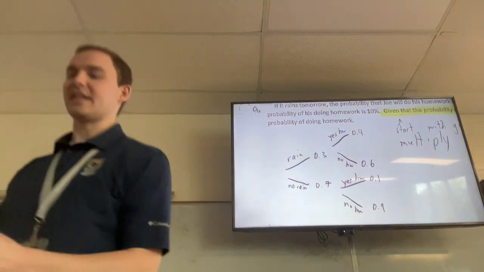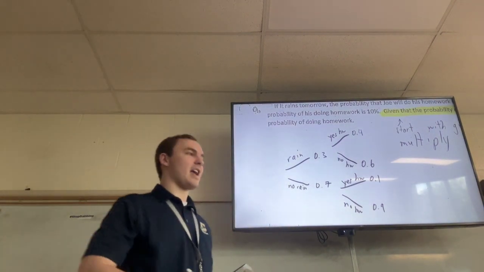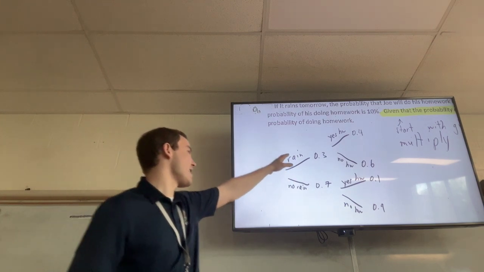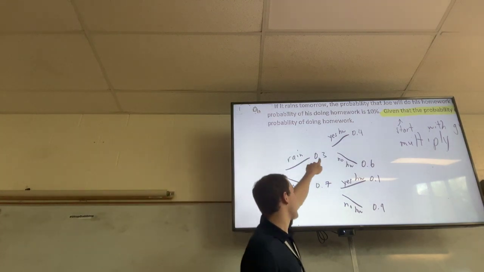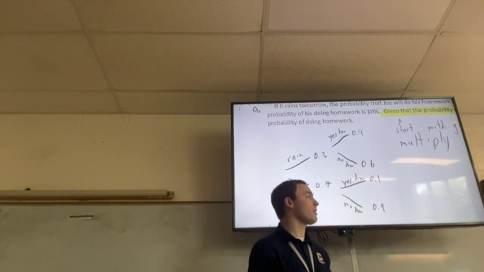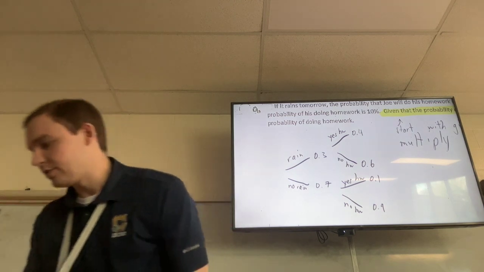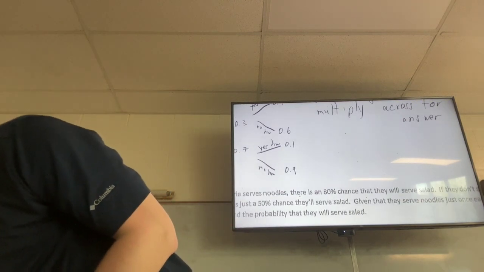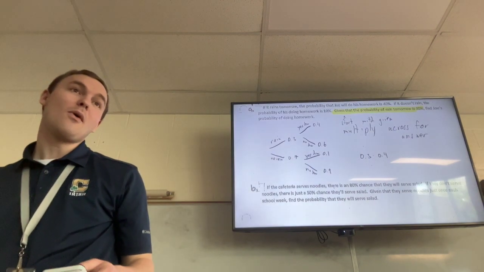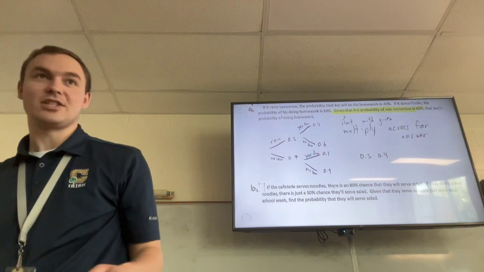What word did I just use in that sentence? Which conjunction did I use? And. The probability that it rains and he does his homework is 0.3 times 0.4. Or, the other scenario. I just said or.